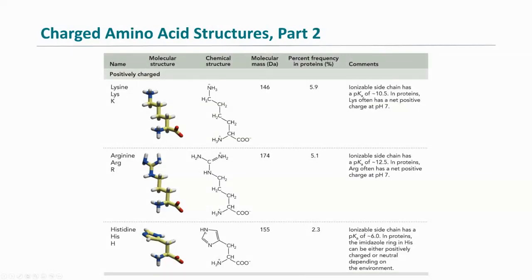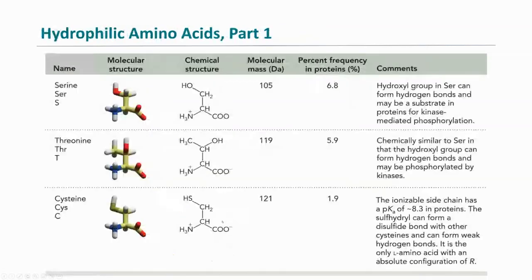And then the hydrophilic ones: serine, threonine, and cysteine. You see cysteine has the sulfur here, and cysteine is the only amino acid that can contribute to the disulfide bond in the tertiary protein structure.